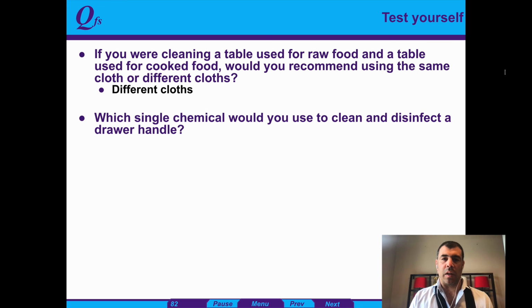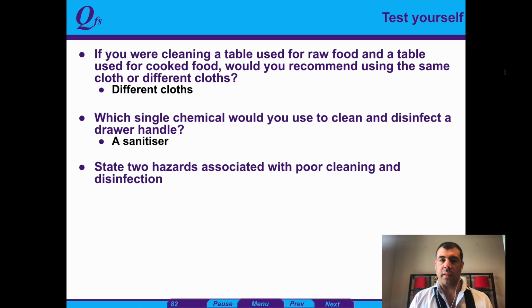Which single chemical would you use to clean and disinfect a drawer handle? There is only a single chemical that does the process of cleaning and disinfecting at the same time, and this is called a sanitizer.